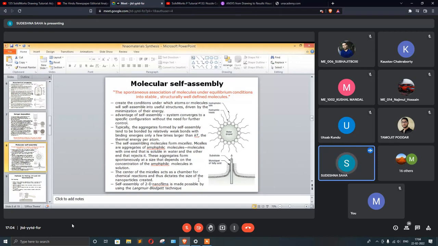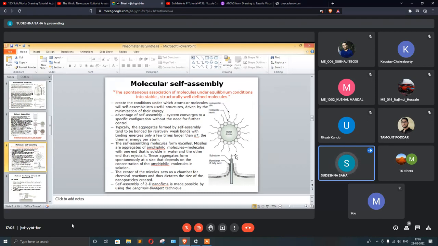When you put that on the surface of the water, they will create a monolayer of those surfactants. With the Langmuir-Blodgett technique, you can push those molecules to one side, and by that way you can create a dense single layer, that is a monolayer film of these surfactants.